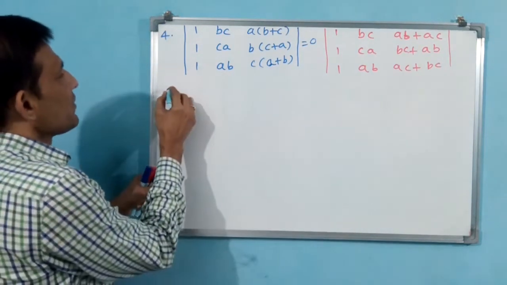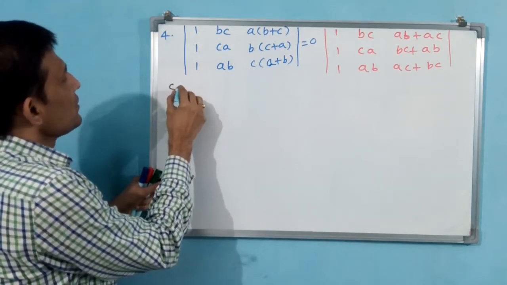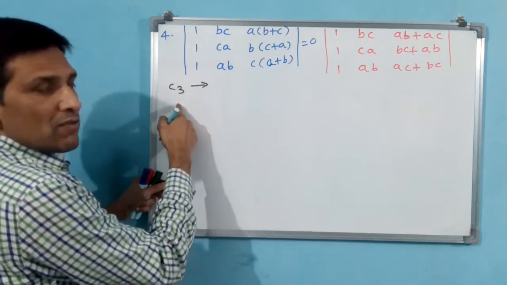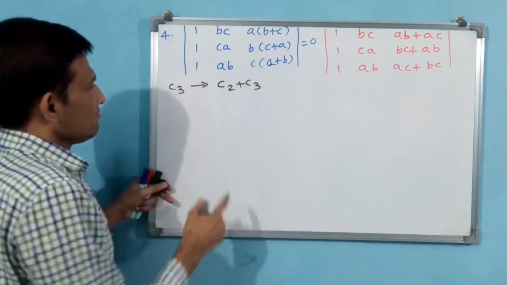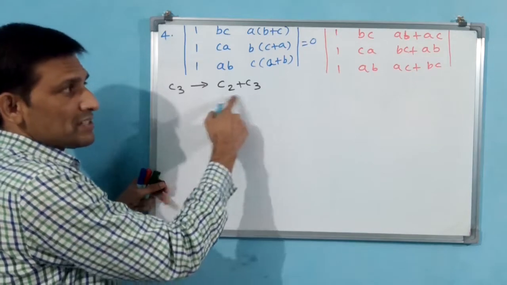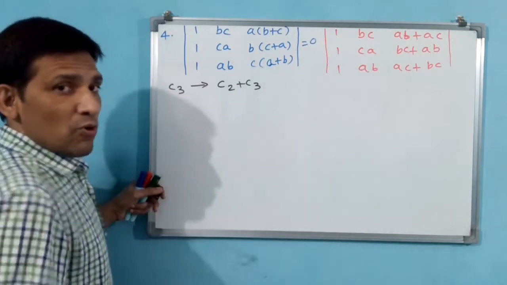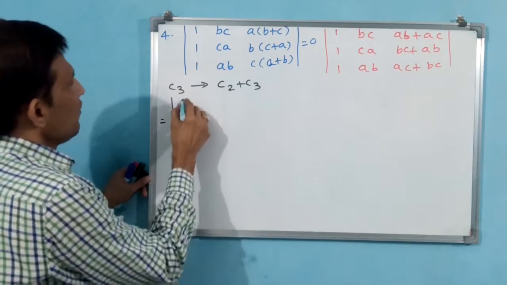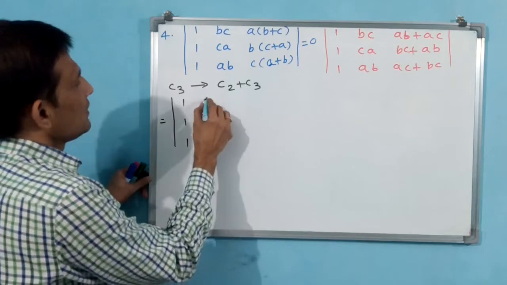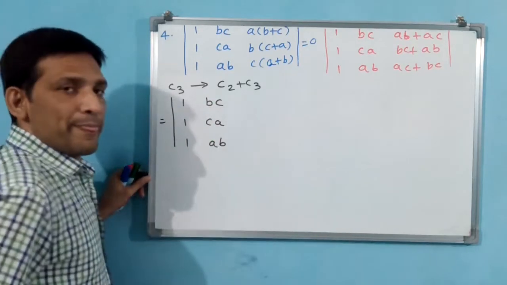Okay, now write down what I am writing. C3 is changing. What is that change? C2 plus C3. I am making C2 plus C3 and writing it in C3. C1 and C2 no change. First let us write C1 and C2, that is 1, 1, 1 and BC, CA, AB.